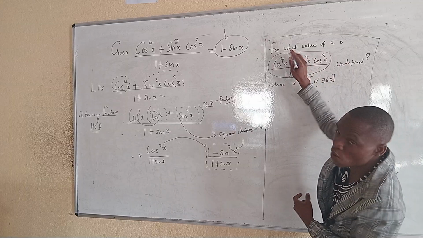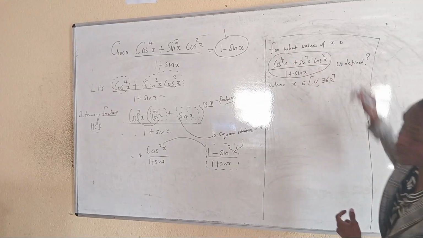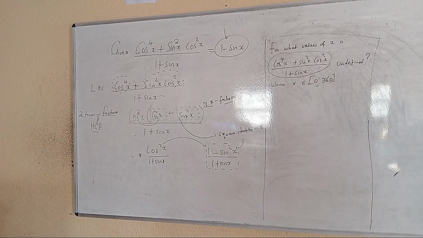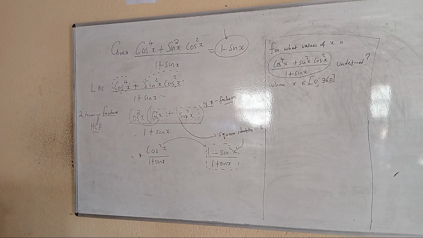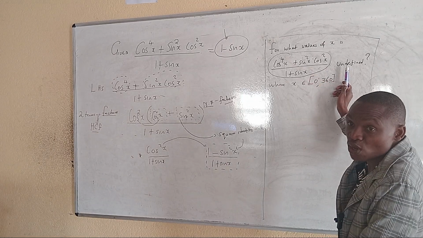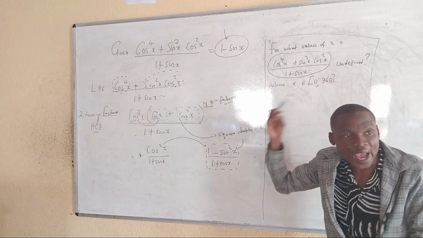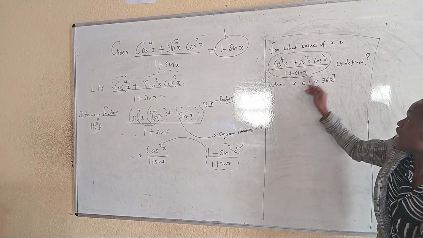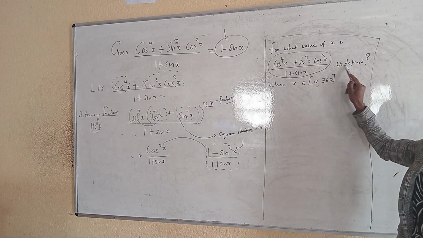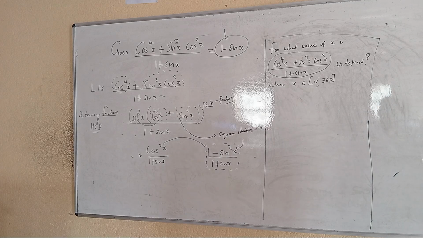For which values of x will this expression be undefined? What do you think I must do, guys? For what values of x is this expression here undefined? What are you going to do?